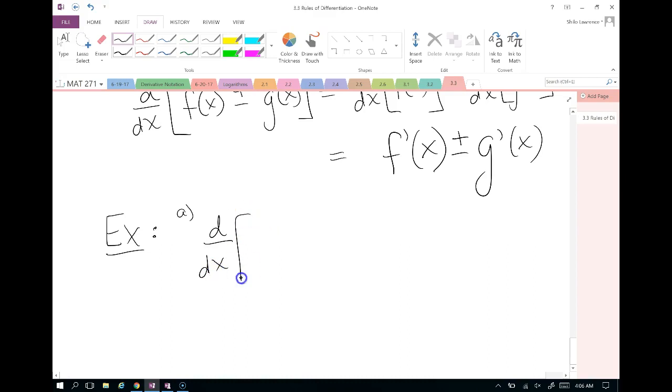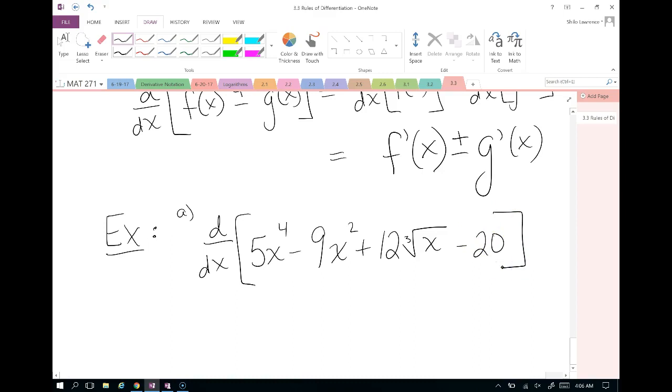So one crazy one here, let's take the derivative of 5x to the 4th minus 9x squared plus 12 cubed root of x minus 20. Might look difficult. It's really not. It's not any more difficult than any of the other ones we've been doing.